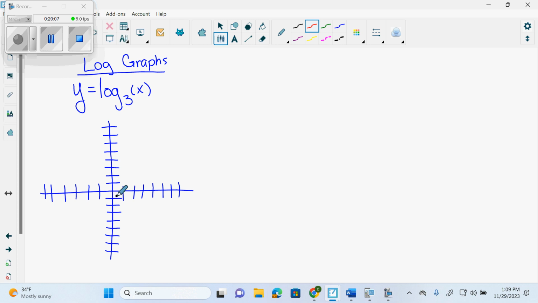Value 0.25, negative 1.26. Value 0.1, I'm just trying to get closer to 0, I get negative 2.09. Even closer, value 0.05, and I get negative 2.72.